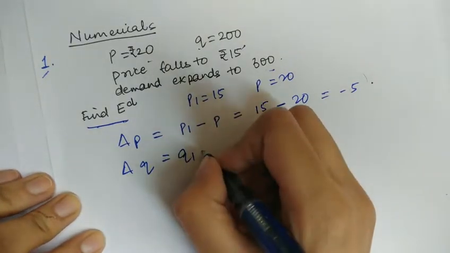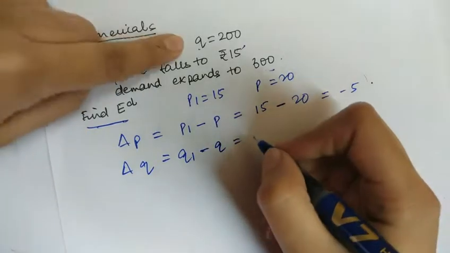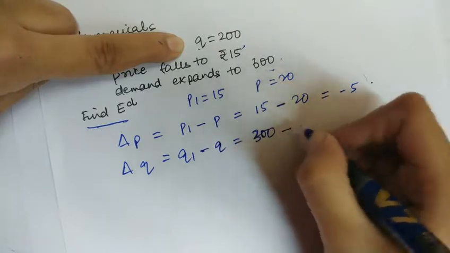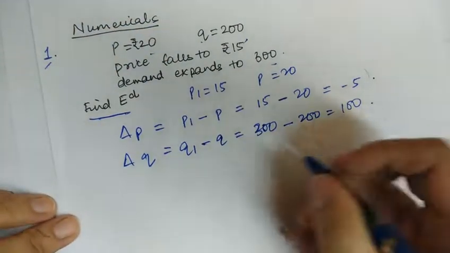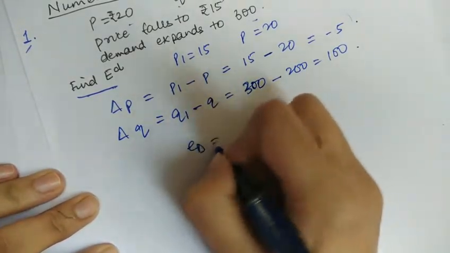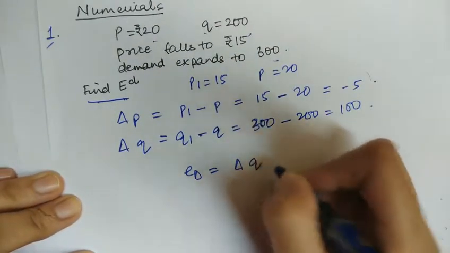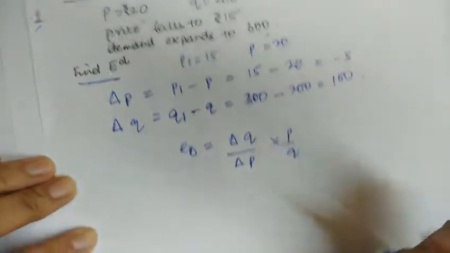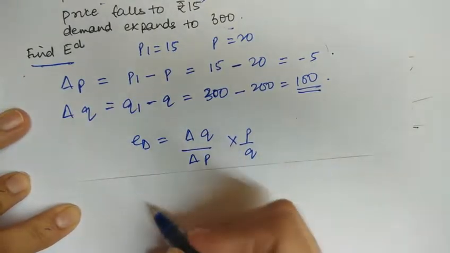So the change in quantity is the new quantity, 300, minus the original quantity, which comes out to be 100. Now we know the formula for elasticity of demand, which is change in Q upon change in P into P by Q. The only task left is to substitute these values.